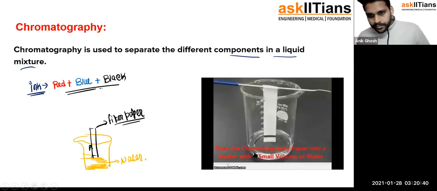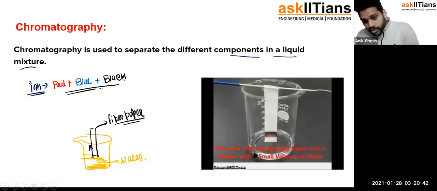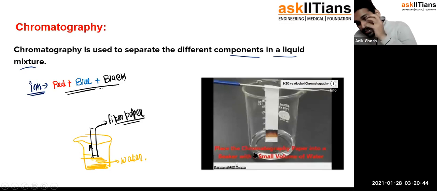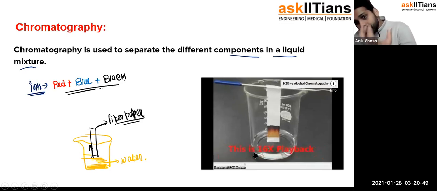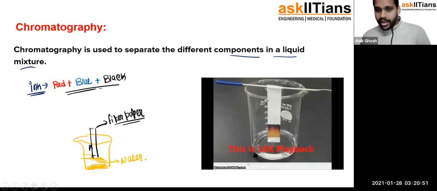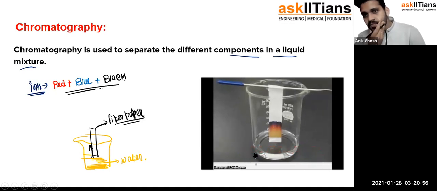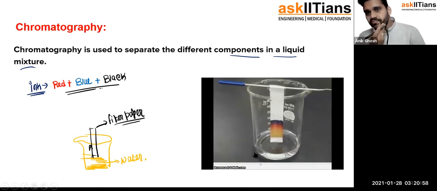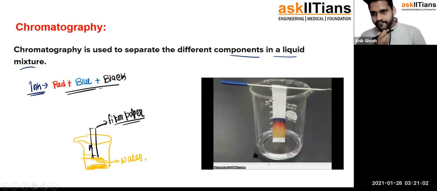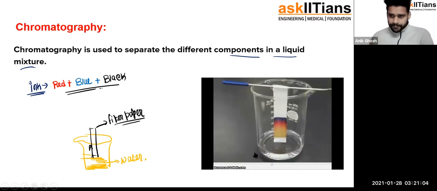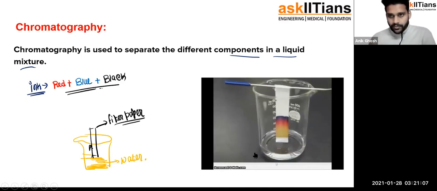So you can see how that goes up, and that thing has the ink. When it rises up, the colors are getting separated. Exactly. So you can see what is happening over here.